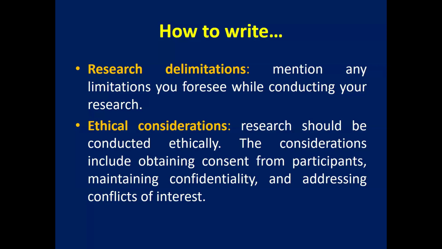We have only 10 days, 15 days, or 1 month or 2 months, not more than 2 months. So this is our research delimitation, and we have to mention it. And we are doing the study in a single center only, so it is also our research delimitation, and we have to mention it is only a single center study.